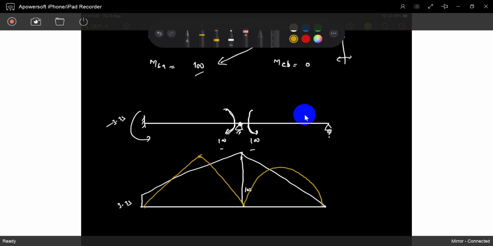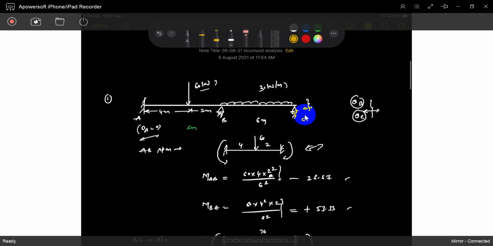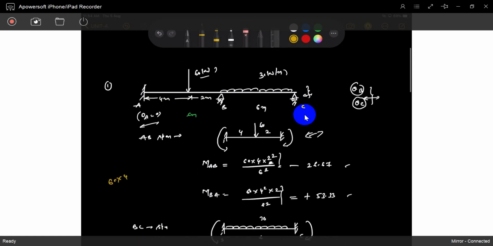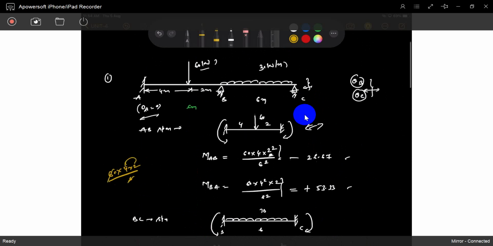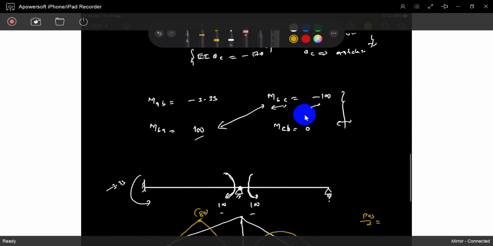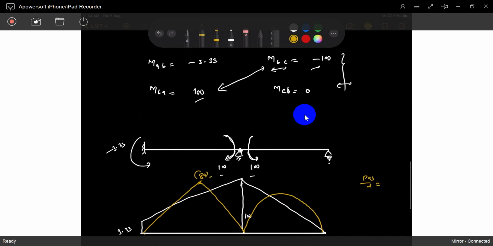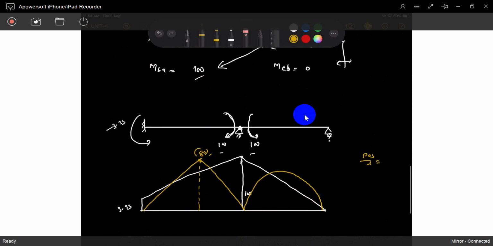So see this height, what is that height? It is 80. You can write PAL by L. What is the maximum moment for that? 4 times 2 by 6, that is 80. This value is 80, and it will come exactly at 2 meters.